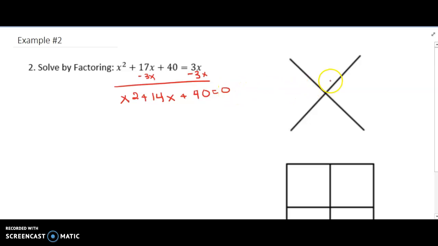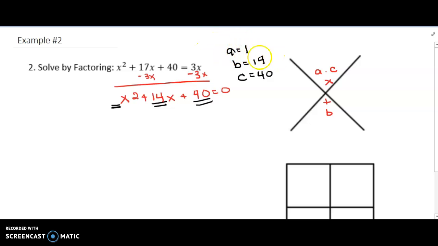All right, so once again, I want to find the 2 numbers that when I multiply, they multiply to a times c, and when I add them, they add to b. Okay, so my a here, the number in front of my x squared, is just 1. My b here is a positive 14, and my c here is 40.